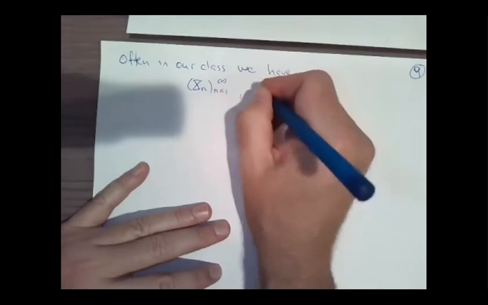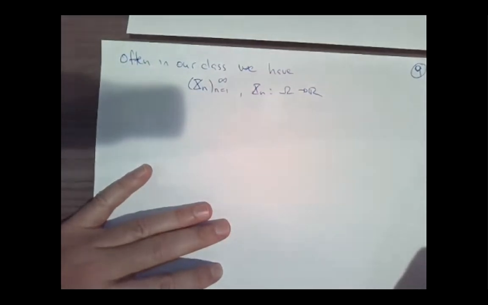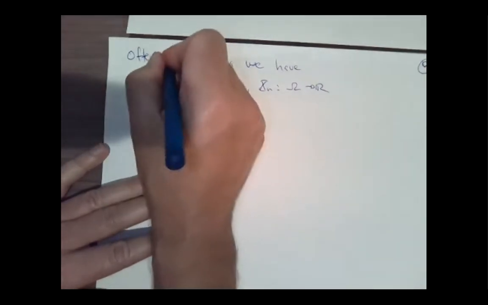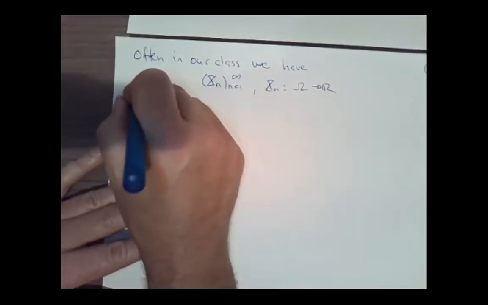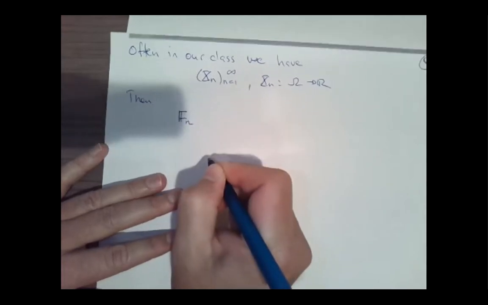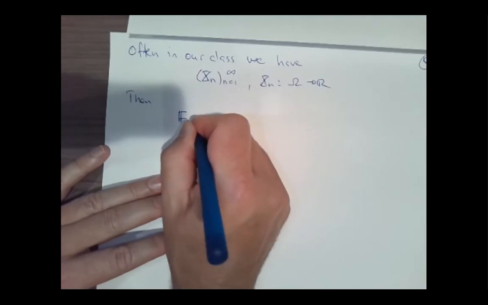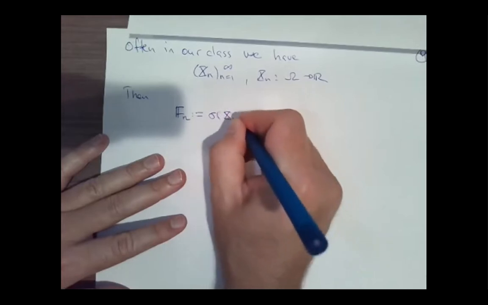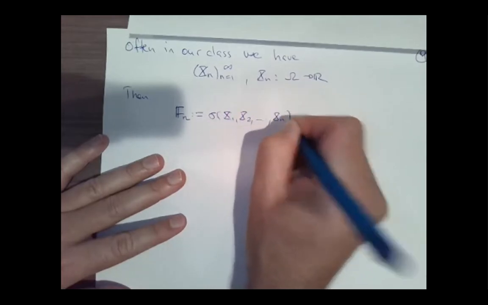Xn goes from omega into R. Then we look at Fn, which is going to be the sigma algebra generated by X1, X2, up to Xn.